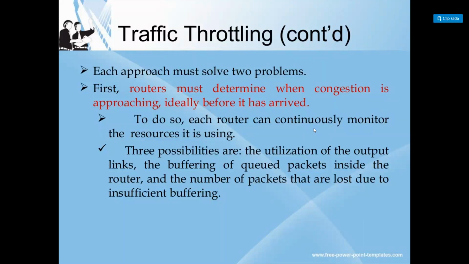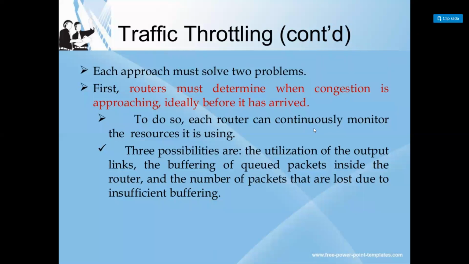To do so, each router can continuously monitor the resources it is using. The possibilities are the utilization of output links, the buffering of queued packets inside the router, and the number of packets that are lost due to insufficient buffering.